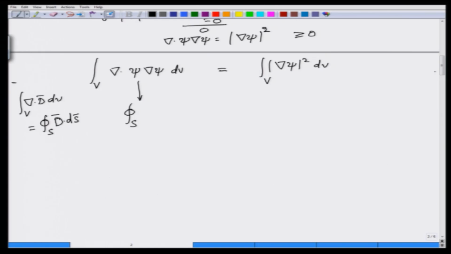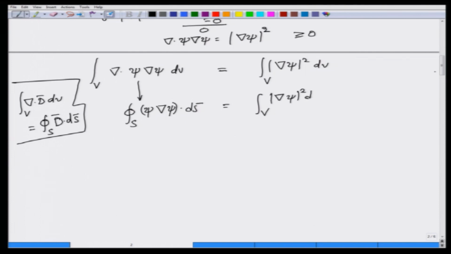This was the divergence theorem that we used, and using it on this quantity, I can replace the volume integral of the divergence of a quantity by a surface integral of that quantity. So, the right hand side does not change; it remains the same. I have magnitude of del psi squared dV.